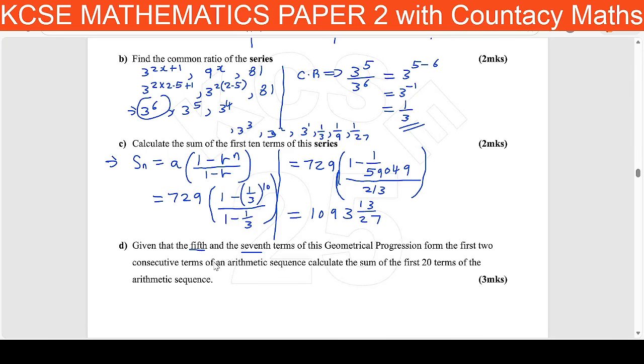Wow, this is what makes this question wonderful, because as we revise the geometric progression, we are also doing some part of AP, and this makes it so much more comprehensive. So, the fifth and the seventh term of this GP.